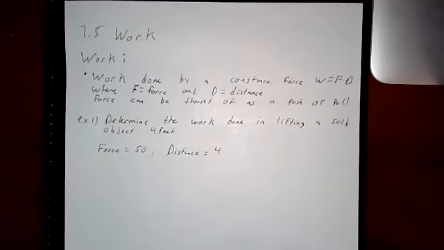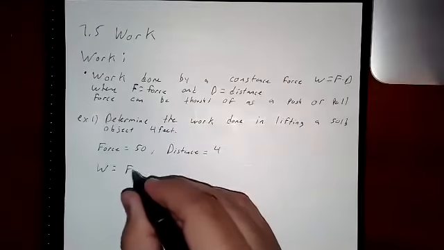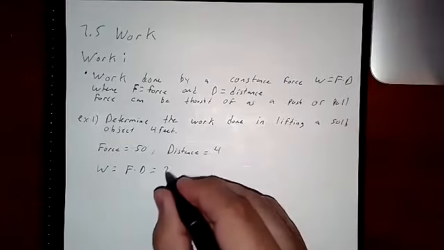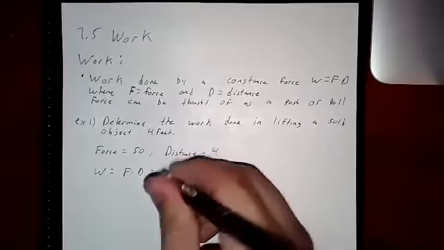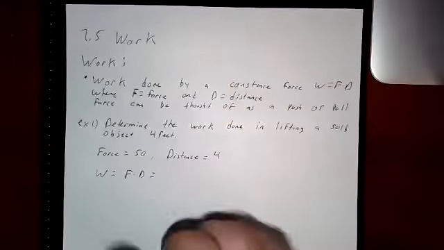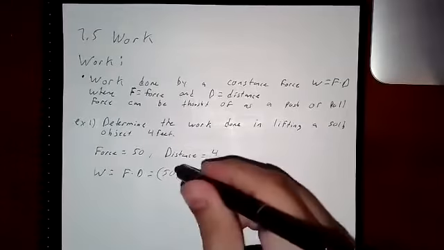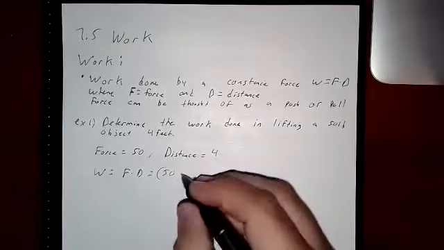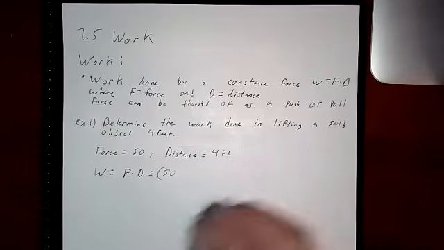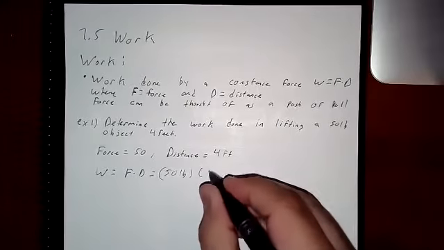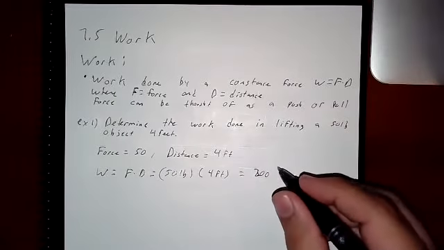So work would be equal to force times distance, which would be 200. No, let's show the work. It would be 50 pounds times 4 feet, which would be 200 foot pounds.